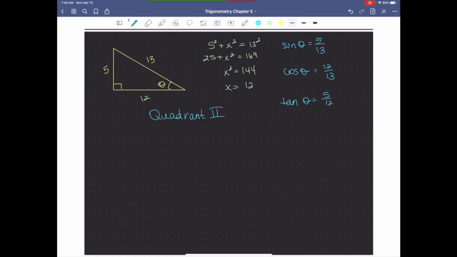Yep. And then wouldn't it make tangent negative too? Yep. So technically my cosine is negative and my tangent is negative. Is my sine going to stay positive? Yep. All right.